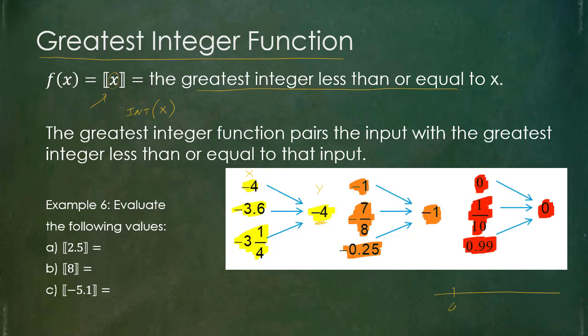If 0 is right here and 1 is right here, I know that 1/10 would be about here. The last integer to the left of it would be 0. If I went to 0.99, that would be super close to 1, but if I went all the way back to the last integer before, once again, it would be equal to 0. So maybe let's try evaluating some of these greatest integer function symbols at specific numbers.